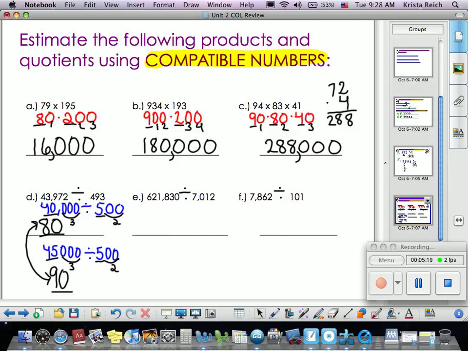I'm just going to very quickly show you the next two. I would round letter E to 630,000 divided by 7,000. 7 goes into 63 9 times.